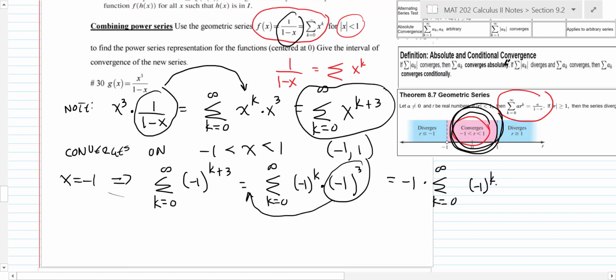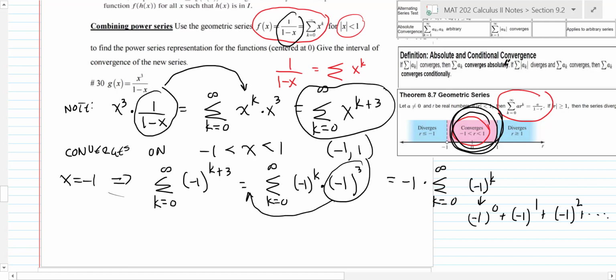So you need to draw the conclusion, does this thing converge or diverge? Think about it. If you wrote this series out, it'd be -1 to the 0 plus -1 to the 1 plus -1 to the 2 and so forth forever and ever. What's that going to be?